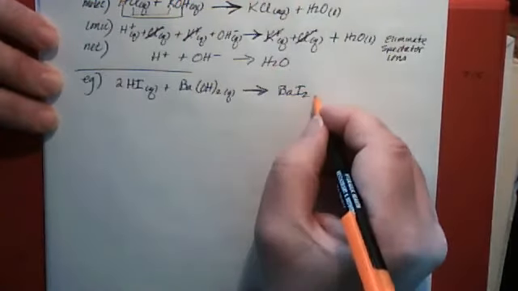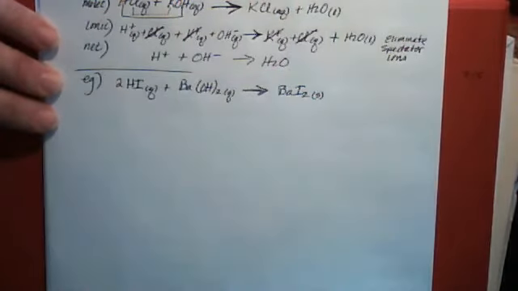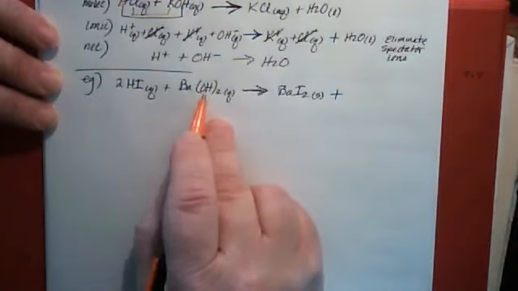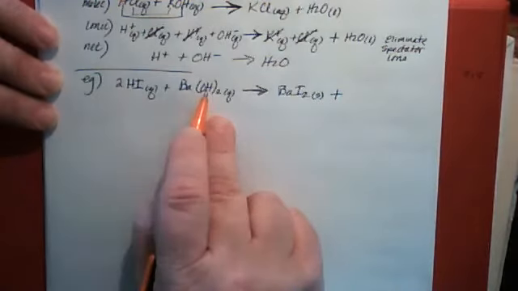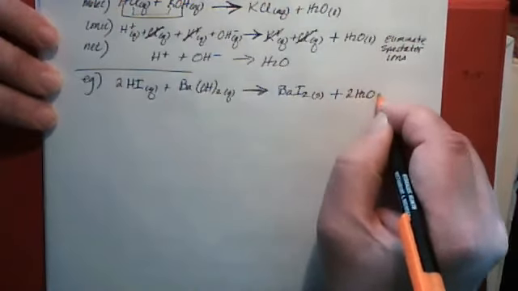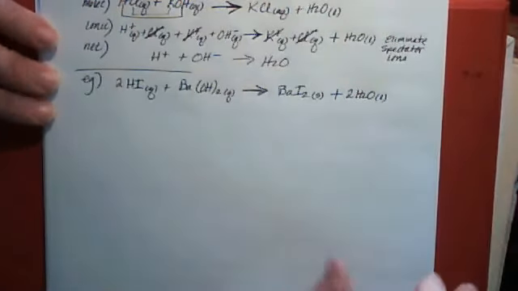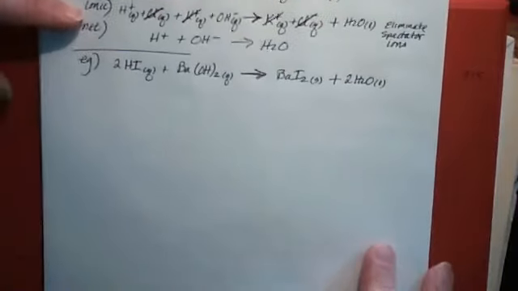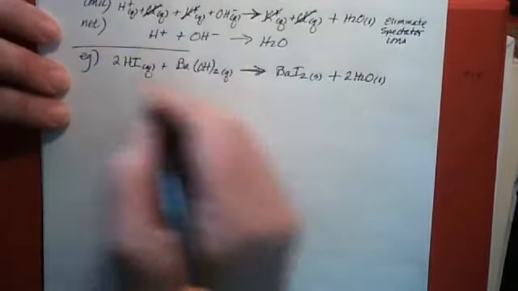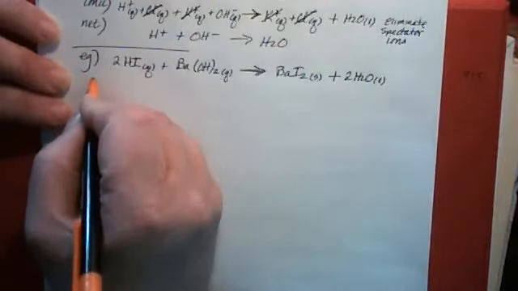And barium iodide, if you look it up, is insoluble in water. So we list that as solid. The other product is hydrogen hydroxide, better known as H2O. And that is a liquid. It's not considered aqueous even when it's dissolved in water. So that's the molecular equation.